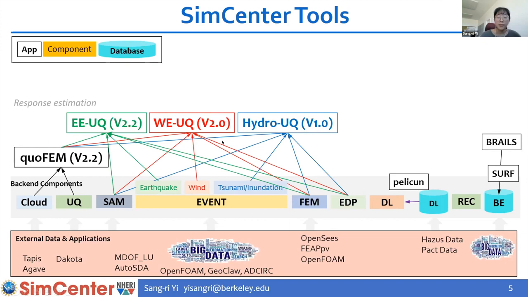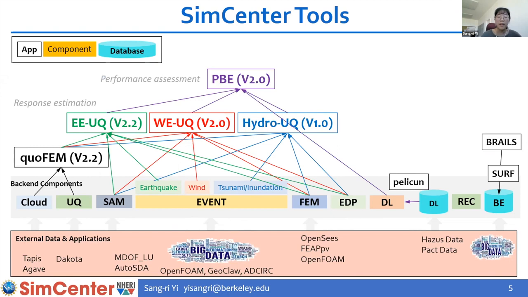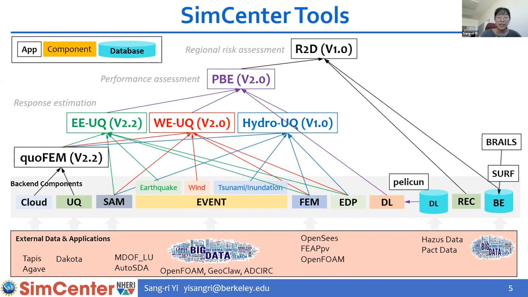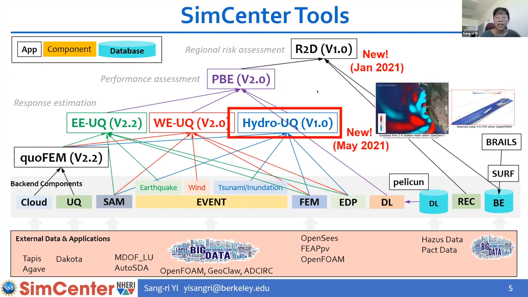But all these 3 applications aim to estimate the structural response subjected to each hazard scenario. And then the PBE application additionally adds damage and loss modules for performance assessment. And then there is regional level risk assessment too. So R2D and HydroUQ are newly released, our newest applications that complete our figure.